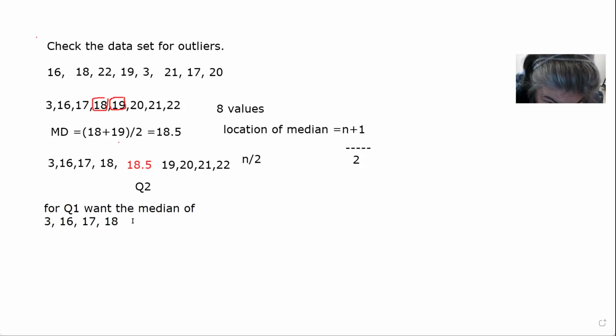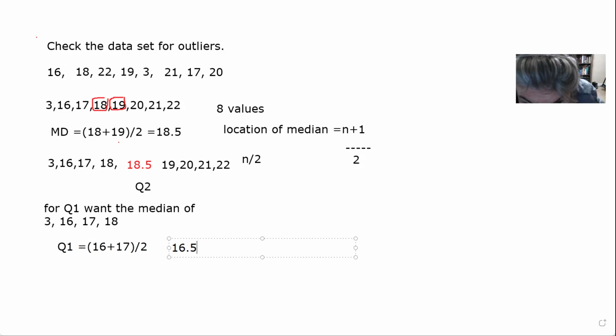So the median here, which is Q1, quartile 1, is going to equal 16 plus 17 divided by 2, which is 16 and a half. So we have 16.5 as our Q1.